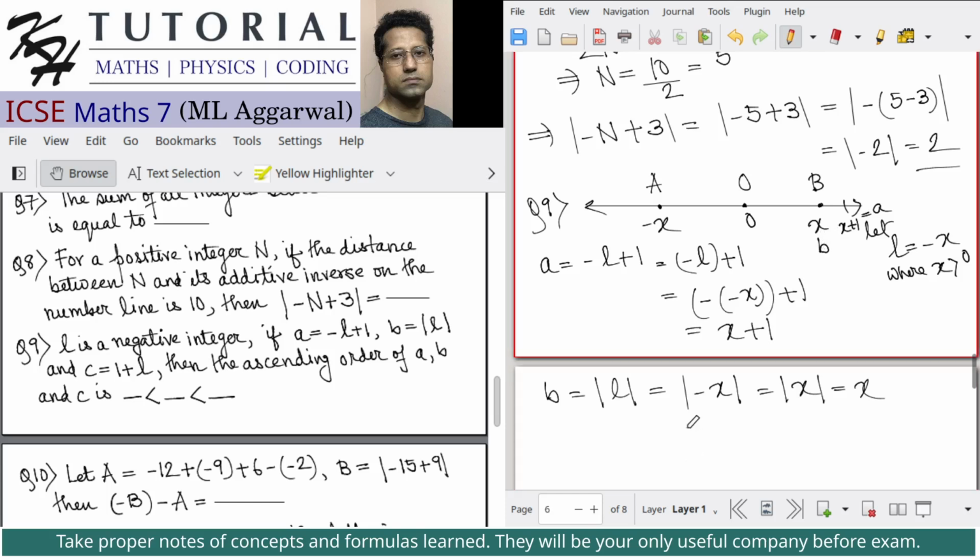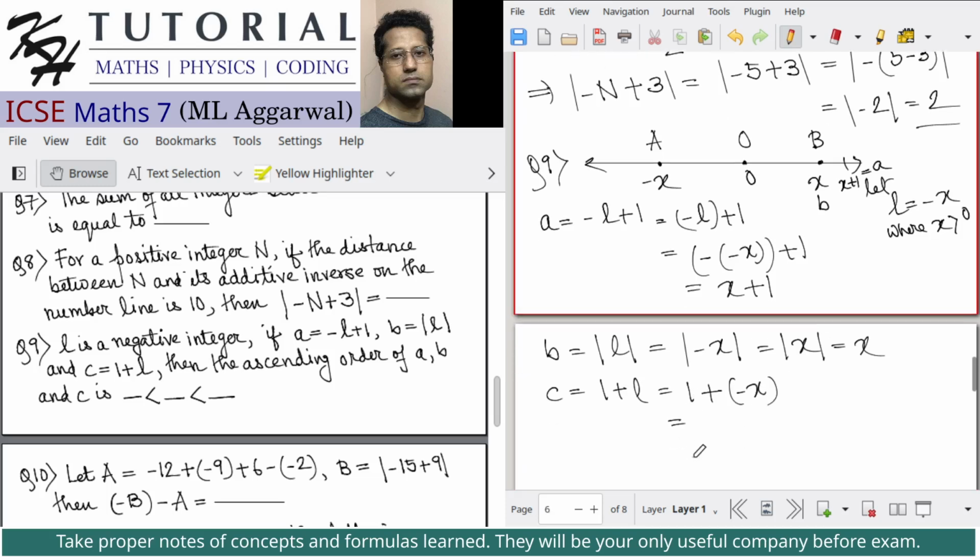Okay, now let's see what c will be. C is equal to 1 plus L. What is L? L is minus x. So this is equal to minus x plus 1. Now, minus x plus 1 is the successor of minus x.